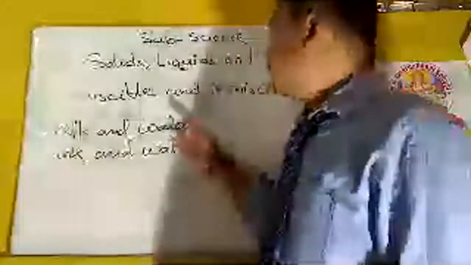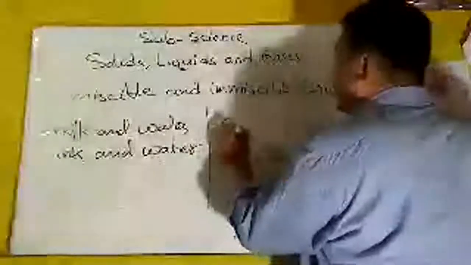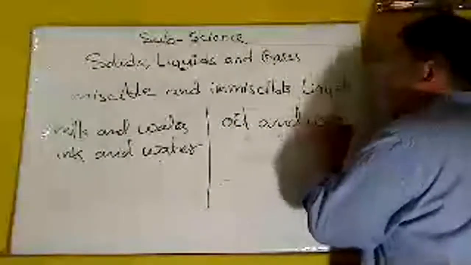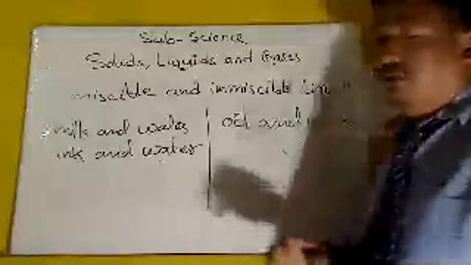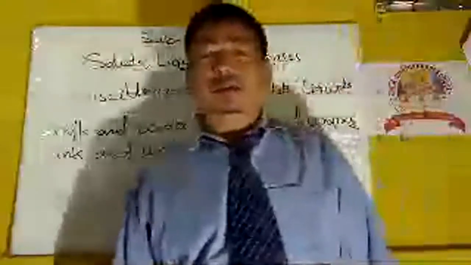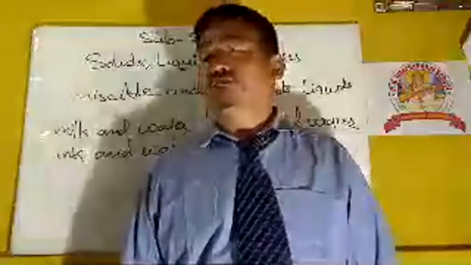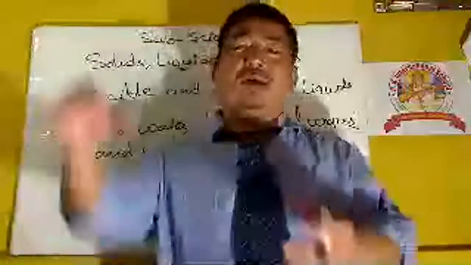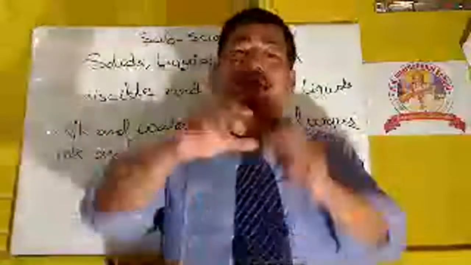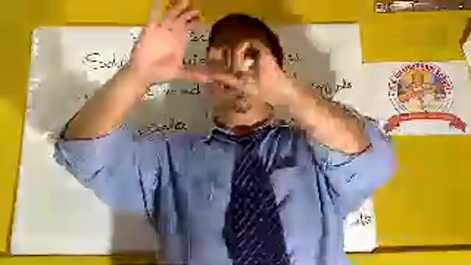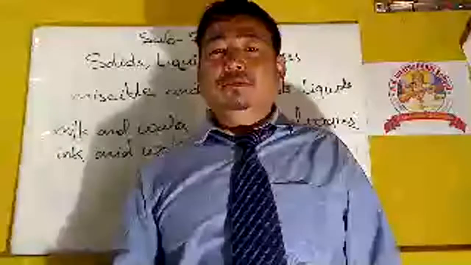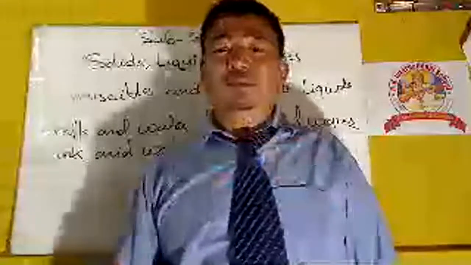But for immiscible, you bring oil and water. Any kind of oil, either kerosene, petrol, or your edible cooking oil. You try to mix them, they do not mix. You might have seen this. After mixing, if we look, they are apart, and we can see the oil is always above the water. They do not mix with each other.